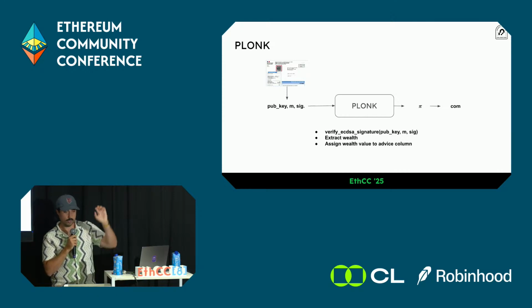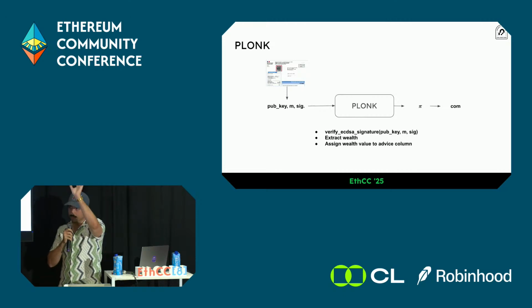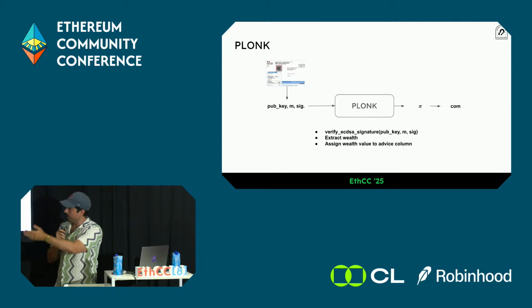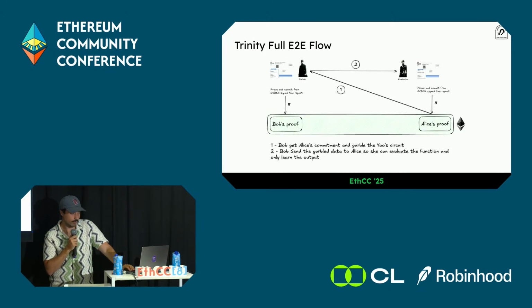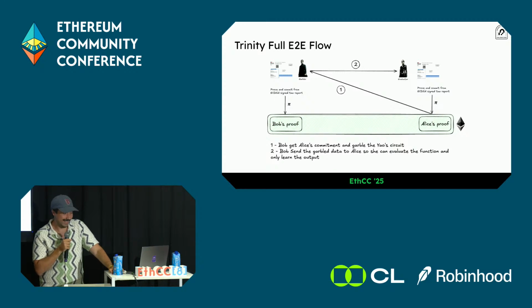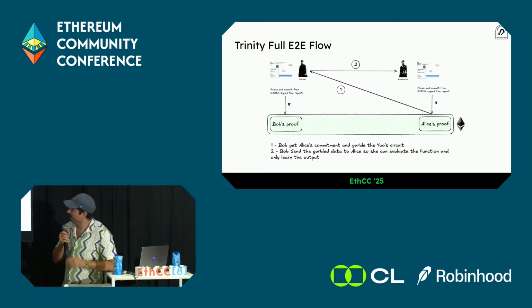And what we're going to do is extract the wealth, insert it inside our dedicated column, and then we will have a Plonk proof that a prover checked the authenticity of that document. And inside of this proof, we will have our commitment that we are going to use in our 2PC protocol.